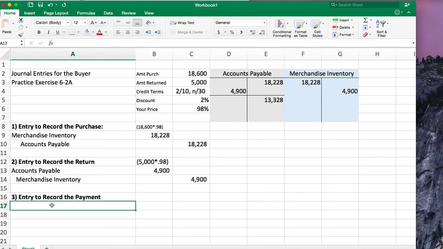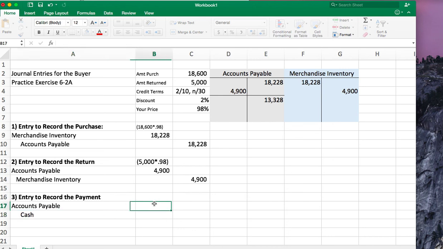So whenever you pay off a liability, you actually debit the liability account, which is accounts payable, and then you'll credit cash because you're going to write a check for that amount, and that amount is $13,328.